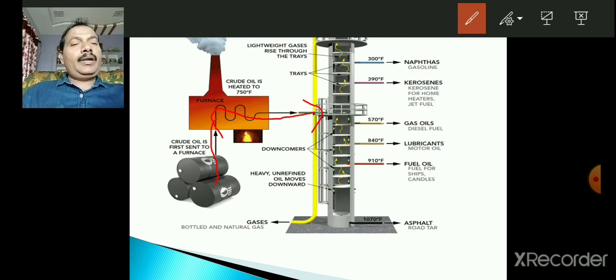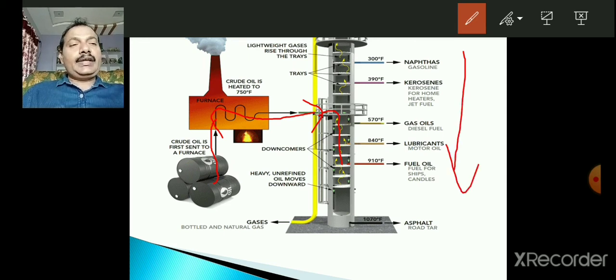Now this crude oil is moving down, descending from the middle section to the bottom, because this is a distillation column, and throughout the section you find different pressure and temperature values. Here, as you come down, the temperature increases.